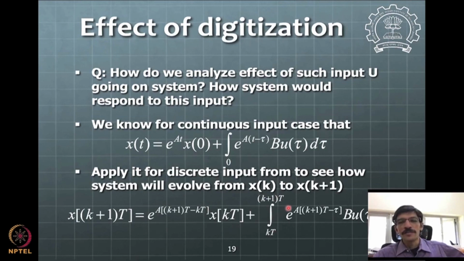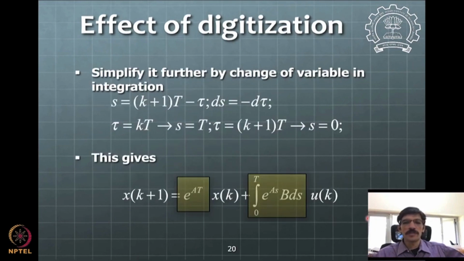Similarly, the final time is (k plus 1)T, and tau remains as it is because it's an integral variable, and all these terms remain the same. Then we shift the time to a tau variable defined in a shifted way, and simplify to get the final form.